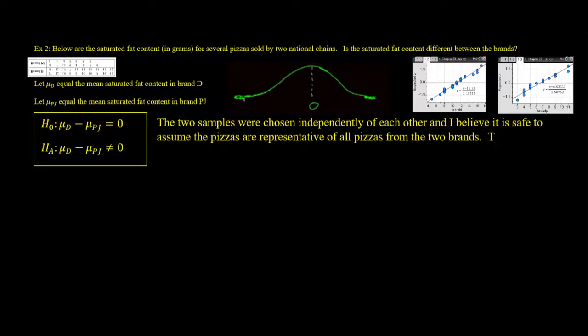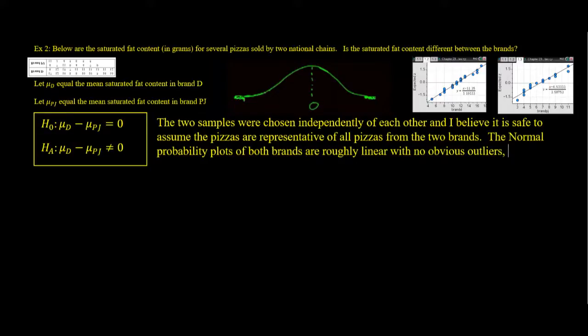The normal probability plots of both brands roughly fit a line with no obvious outliers, no points off the line, there's no pattern to it. So it is safe to consider the distributions approximately normal.